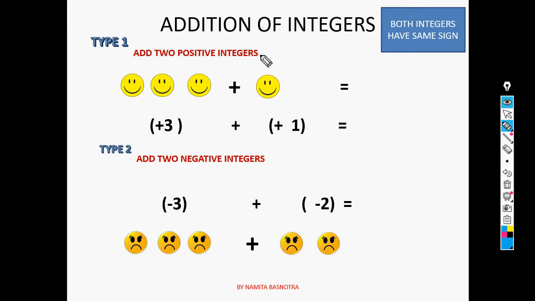When I'm adding two positive integers, it is something like whole numbers addition, like you've been doing it. So +3, so I made 3 happy faces, 1 2 3, and then +1, so I made another happy face. Well, when I add 3 + 1, that is equal to 4. So 3 + 1 is 4. This is the same addition, so you will write here +3 + 1 is equal to +4.